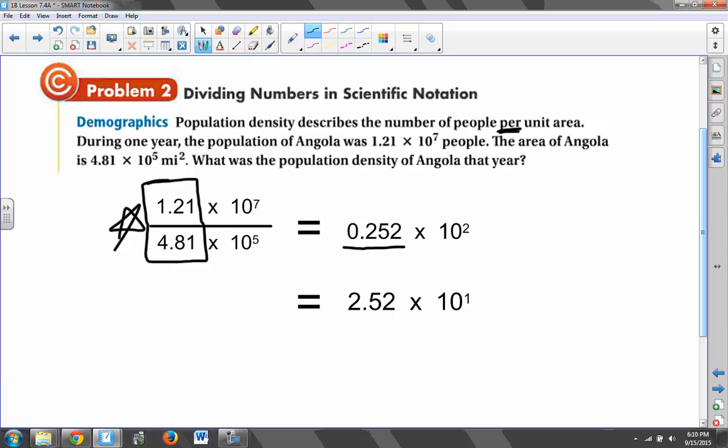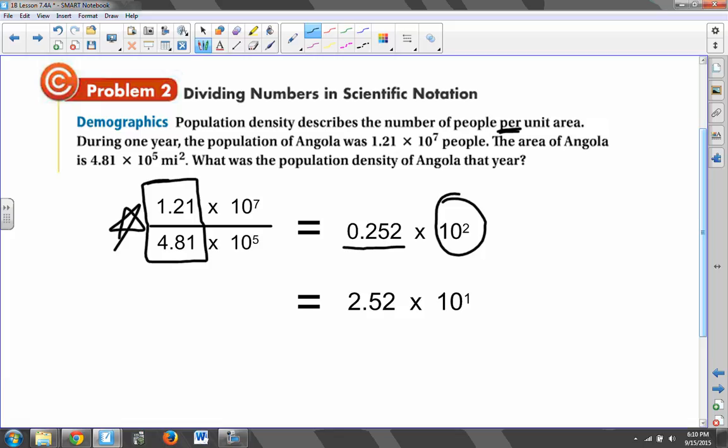So here we have 10 to the 7th on the top and 10 to the 5th on the bottom. Hopefully we know, based on our rule from today, that when we see a 10 to some power on the top and 10 to some power on the bottom, all we need to do is subtract those 2 exponents to simplify our expression. Okay? So 10 to the 7th over 10 to the 5th, 7 minus 5 gives me right here 10 to the 2nd power.